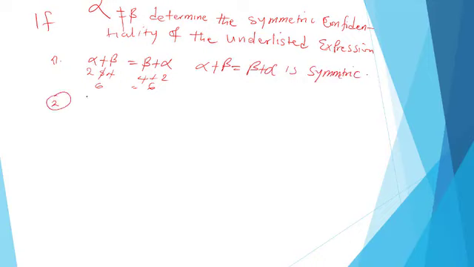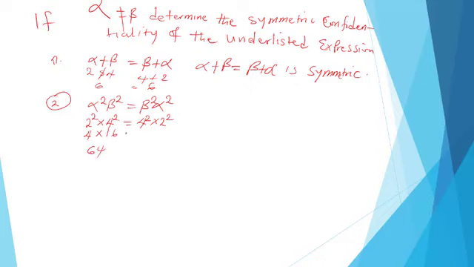Let's check if alpha squared beta squared is symmetric. Is it the same thing as beta squared alpha squared? Remember what we've been using, 2 and 4. Our alpha here is 2, so putting 2 here, we have 2 squared times 4 squared. Is it the same thing as 4 squared times 2 squared? So 2 squared is 4, times 4 squared which is 16, is 64.